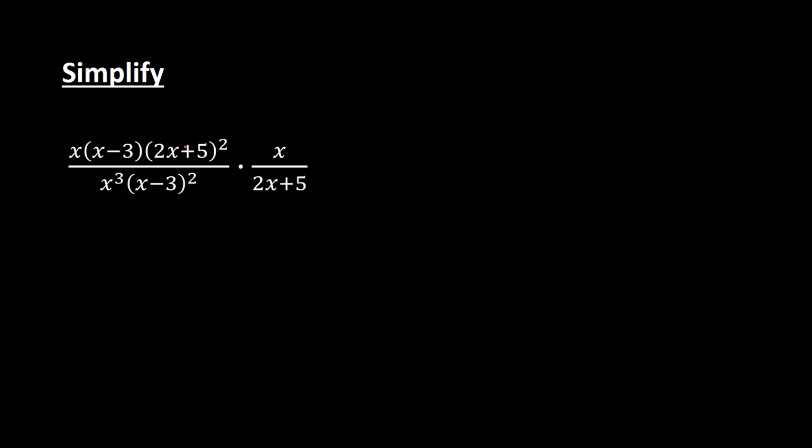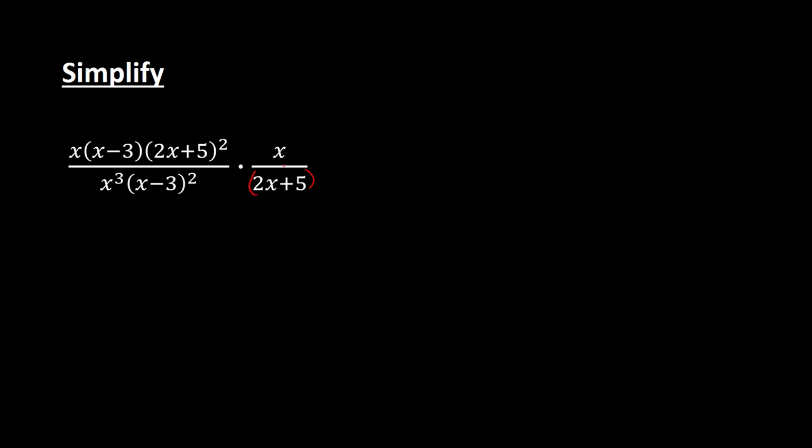Even though we see the minus and plus sign in here, they're within the parentheses. So what we have is x times x minus 3 times 2x plus 5 squared, and then divided by x cubed times x minus 3 squared times x divided by this entire quantity of 2x plus 5. So this is everything being multiplied and divided, even though we have the minus and the plus sign. That's because of the parentheses.